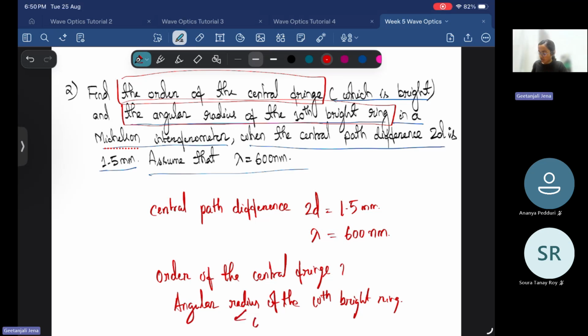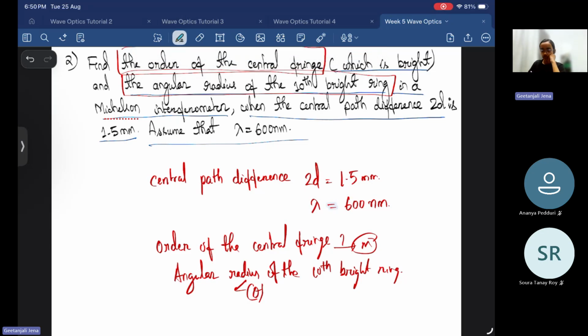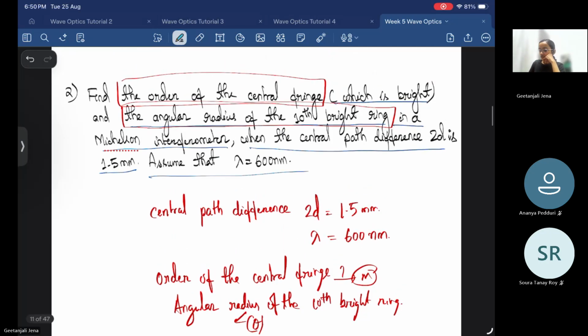And for this, we need to calculate the value of theta. This is the value of m. Order is 2500. We are also given that the central fringe is bright.